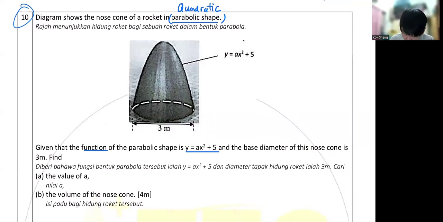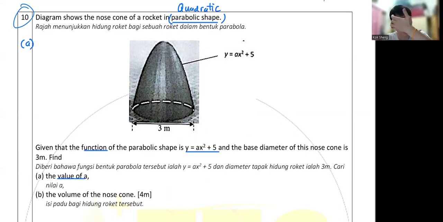So this is the part to find the a value. Okay, I write here first. Because this is a quadratic, you can see the shape of the graph.